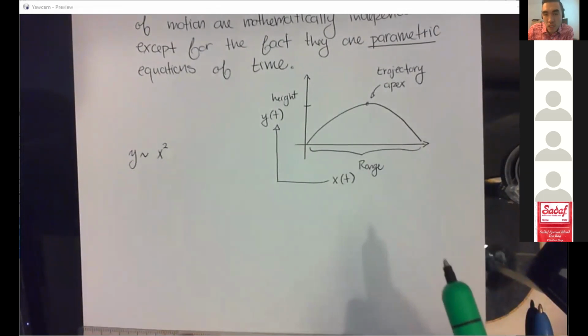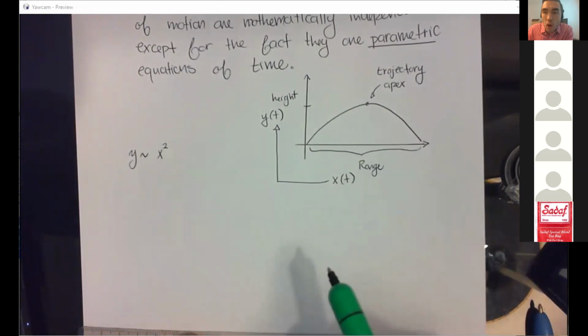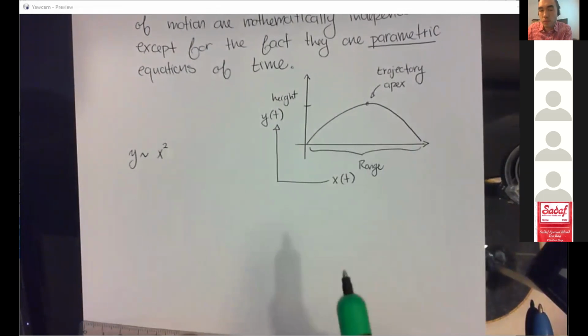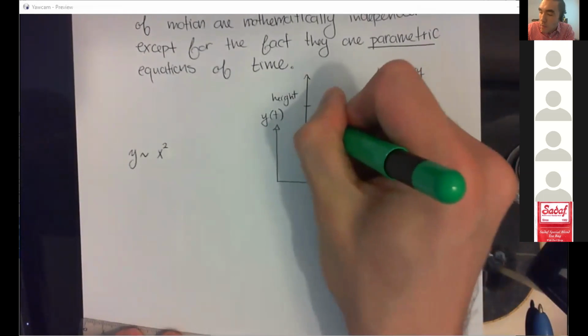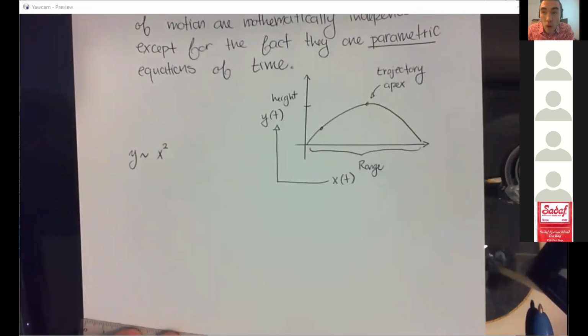The only thing that makes a normal parabola different from a parametric parabola is, on top of the part where we have that y is equal to ax squared plus bx plus c, and then we could do all the fancy parabola math, the only other thing that makes it parametric is the fact that each one of these points is associated with a time.